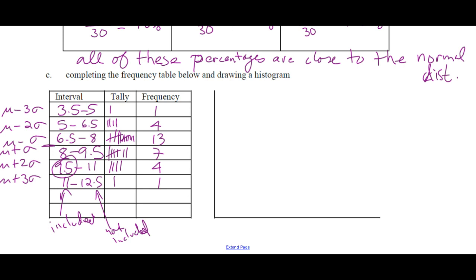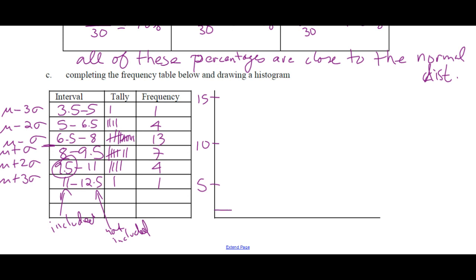So we say, all right, well, the biggest one is 13, right? So I'm going to go 5, 10, 15. Now all we're doing is a rough sketch of the frequency distribution, right? We're not doing a full thing here. So my intervals are 3.5 to 5, which is 1.